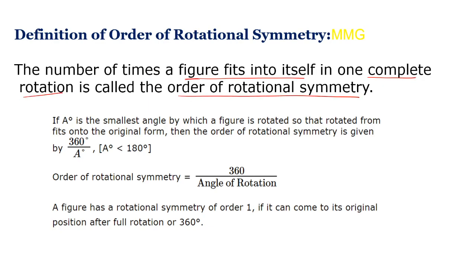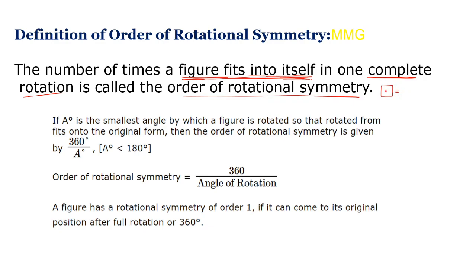Here you have to note, children, that the number of times a figure fits into itself means after rotating a figure, the shape that you are getting should fit into the original shape in one complete rotation, that is, in a 360-degree turn. Okay, so here I am going to draw a square, and as you all know, all sides of a square are equal, and this is the center point.